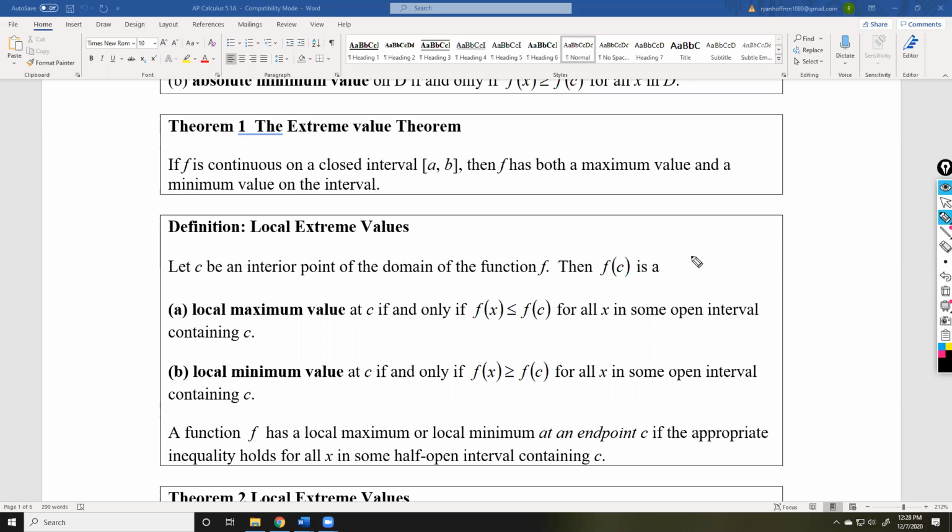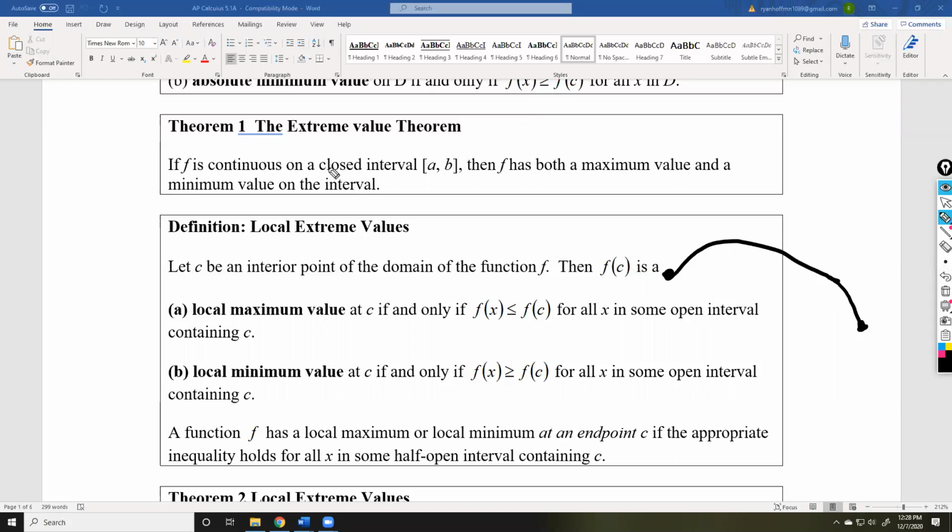So what we're saying is that if we just zoom in, use a basic function here. Let's say we don't have a function that goes on forever, and let's say that it just goes on to here.